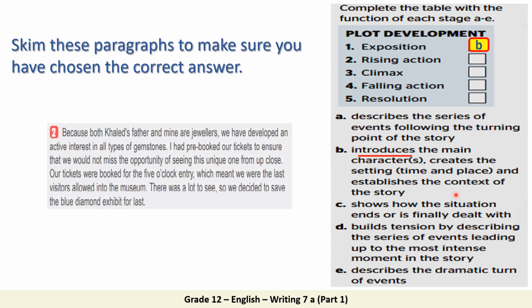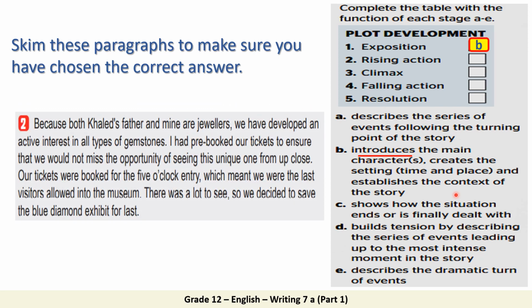Okay, let's take paragraph 2, the rising action. Pause, read, and check your answer. Ready? Okay, the function of the rising action is that it builds tension by describing the series of events leading up to the most intense moment in the story, which is the climax.